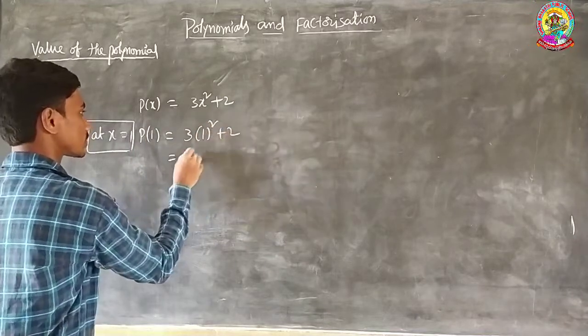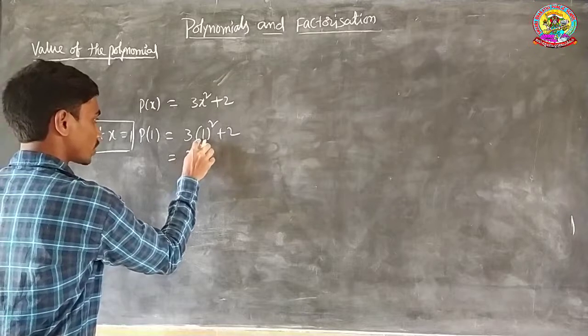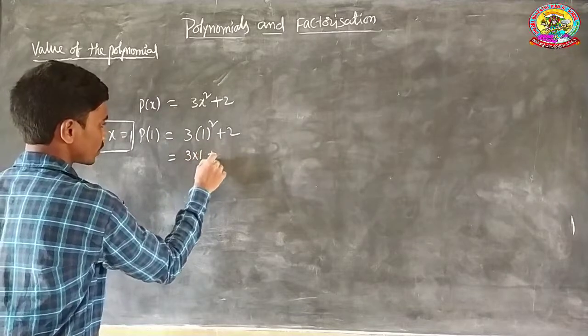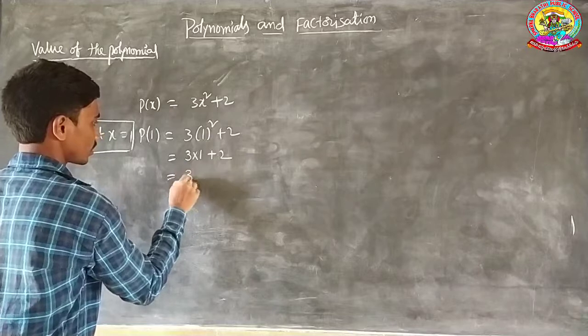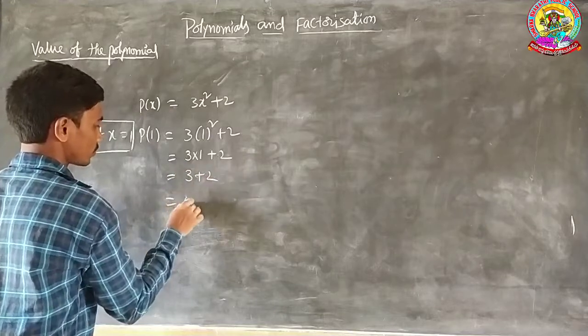So p of 1 is 3 times 1 square plus 2, which is 3 plus 2, that is 5.